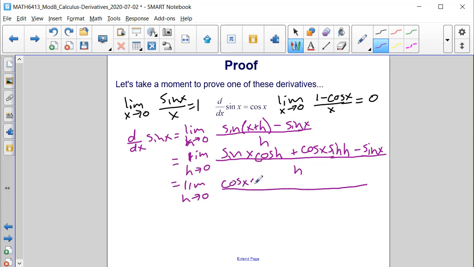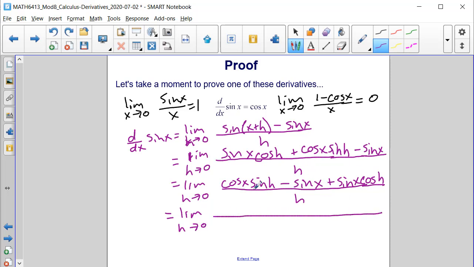So that can be rewritten as the limit as h approaches 0 of cosine of x sine h minus sine of x plus sine of x cosine of h, and then all over h. Now let's look to see what we can simplify.